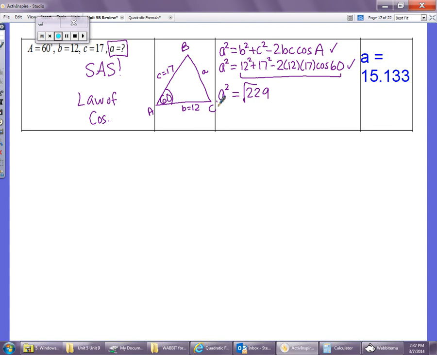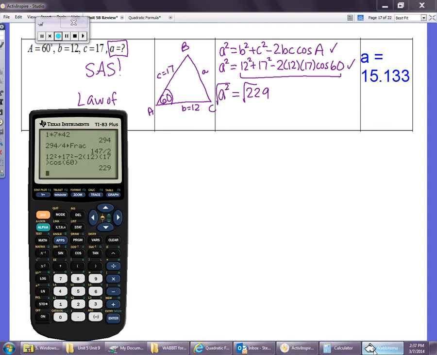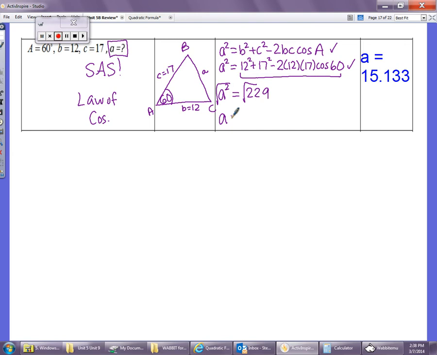Take the square root of 229, and you get 13.132. There's a 7 here, so make sure you round up to 13.133 units. Okay, so that one was a nice, easy one. Just plug and chug. Okay, the next one.